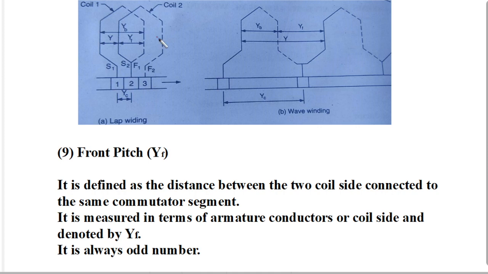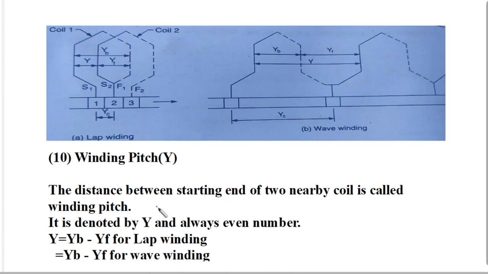One coil is connected to a commutator segment, and another coil is also connected to the same commutator segment. The distance between these two sides is called front pitch YF, and it is measured in terms of armature conductors or coil sides and denoted by YF. It is always an odd number. The distance between the coil sides connected to the same commutator segment is called front pitch YF.